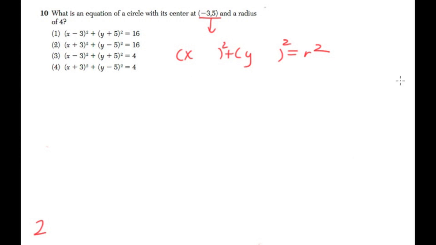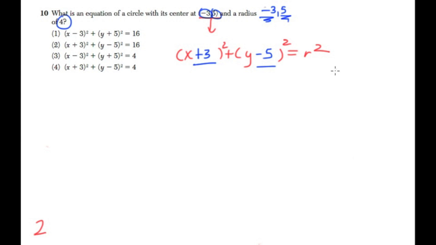The rule for what you put in this thing is going to be the opposite of the values you're given. So in this case it's -3, 5, and -3 is your x, right? So just flip it. So flipping -3 would just be +3, right? So that's what you're going to put on here. And for the y, it's 5, right? So just flip it, it's -5, just put -5 in here.